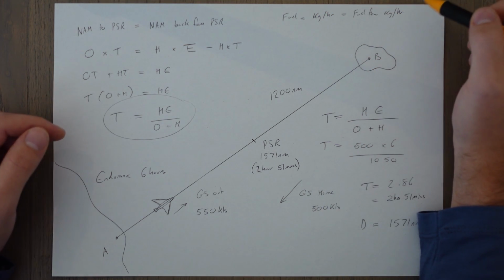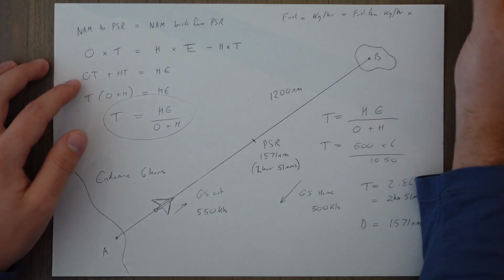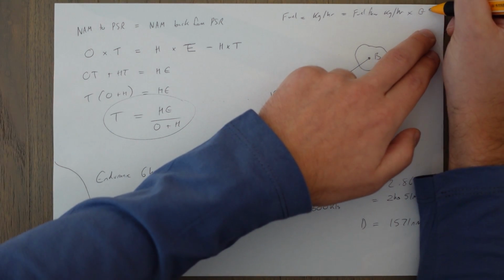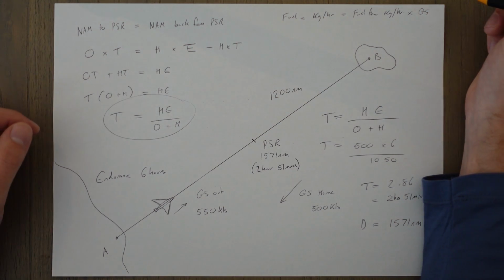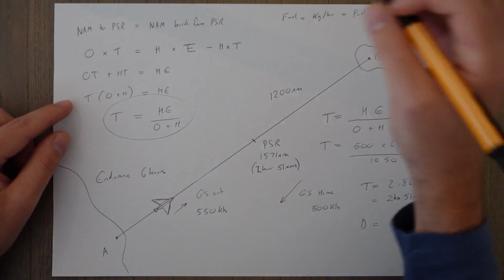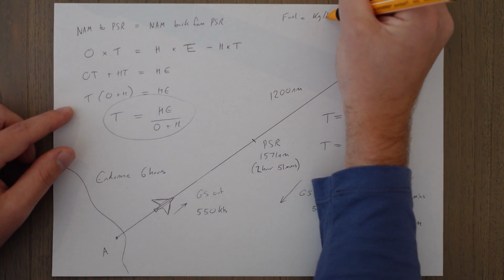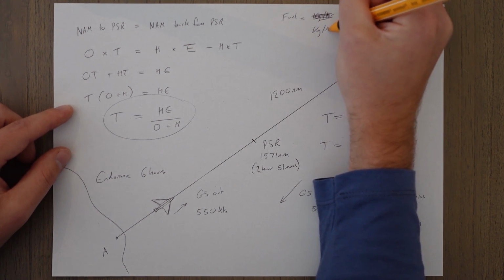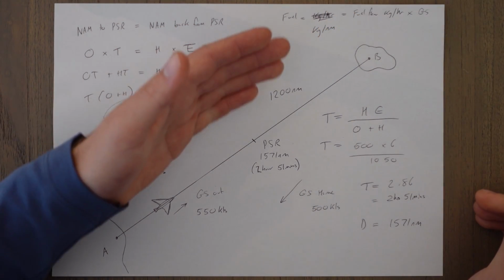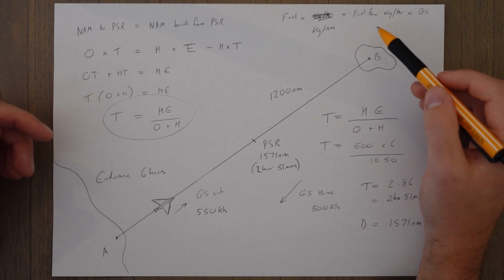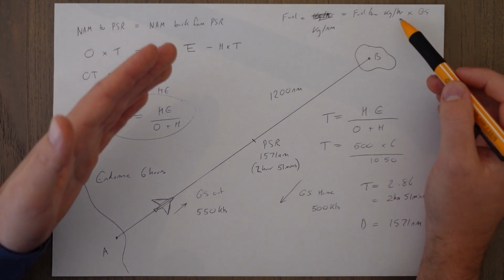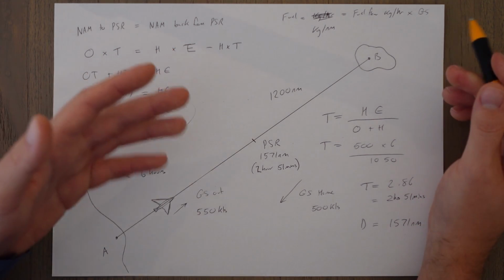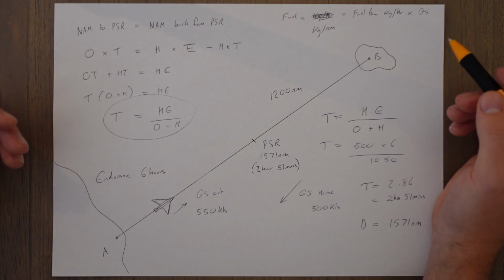It's going to be equal to your fuel flow, which is your kilograms per hour, times your ground speed, which is obviously your nautical miles per hour. Your fuel consumption, sorry, is per nautical mile. So let's scratch that. Kilograms per nautical mile. You want to know how much fuel you're burning for every nautical mile of distance, which is going to be however much fuel you're burning per hour times your ground speed, which is your distance per hour.